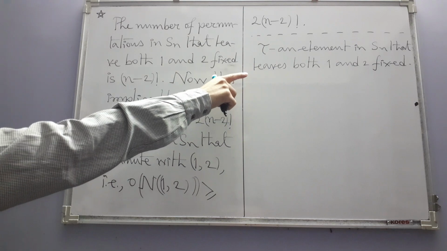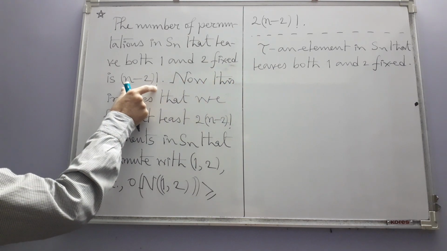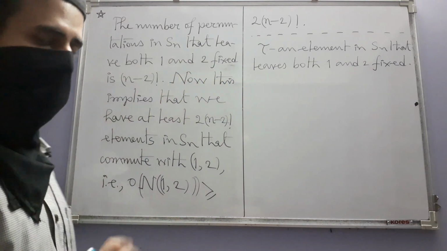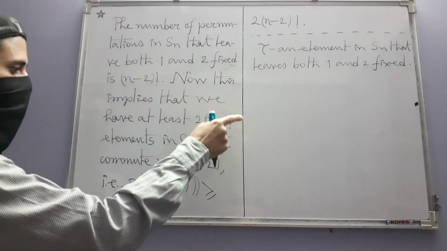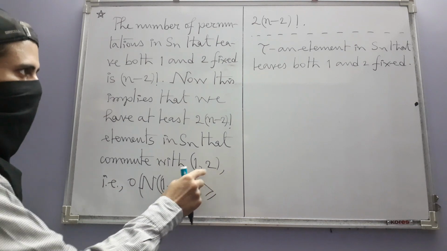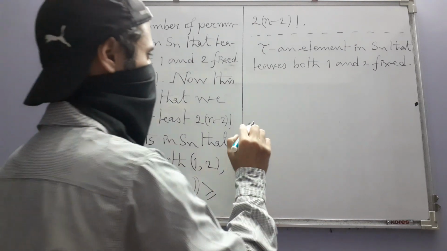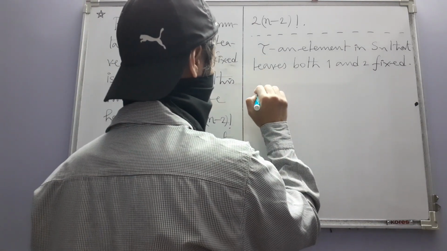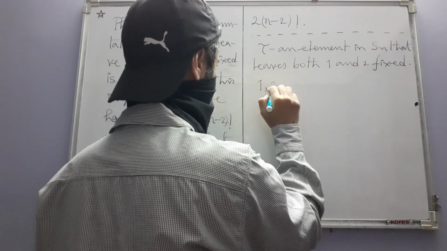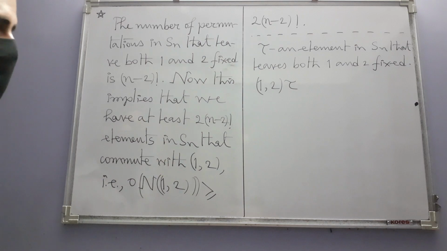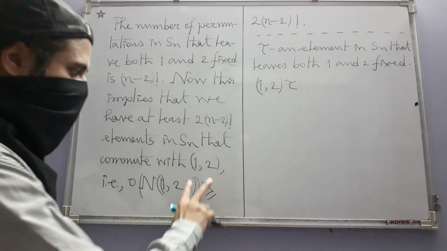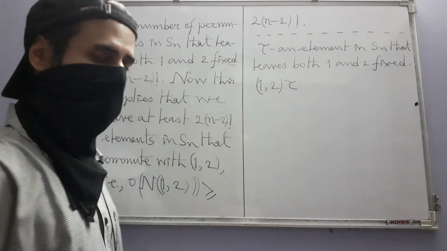The number of such taus is (n minus 2) factorial. But along with this tau, if you consider the product form, that will also commute with 1, 2, because this one does and tau does.